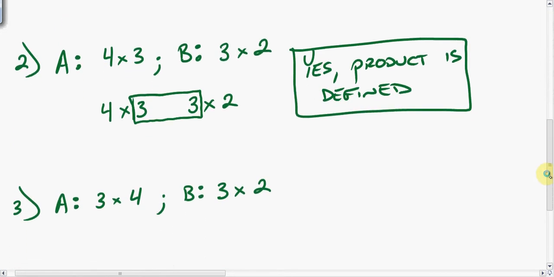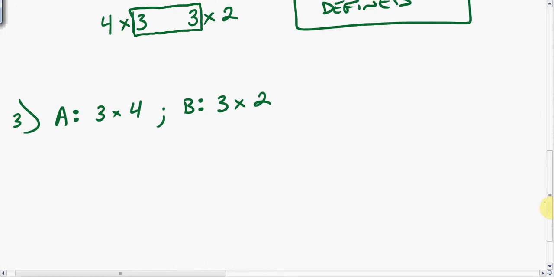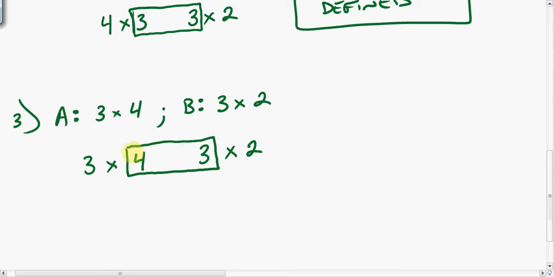Let's look at the third one, where we've got matrix A, 3 rows by 4 columns, so it's a 3 by 4 matrix. Matrix B is 3 rows by 2 columns, or 3 by 2. Analyze the columns of the first matrix and the rows of the second matrix. Are they the same? They're not.